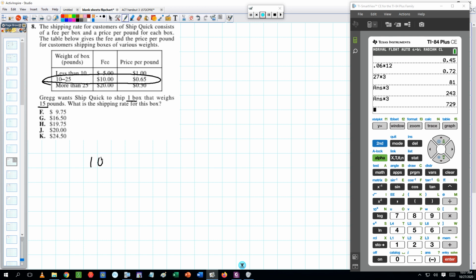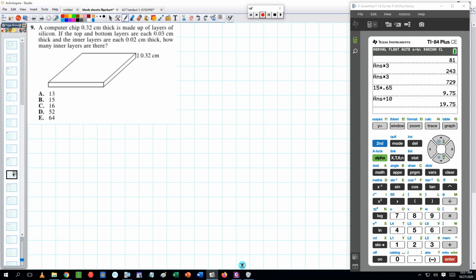So he's going to pay a basic fee of $10, and we're going to add to that 65 cents per pound. So 15 times 65, and then we'll add to that our $10 basic fee. 19.75. Our answer is H.